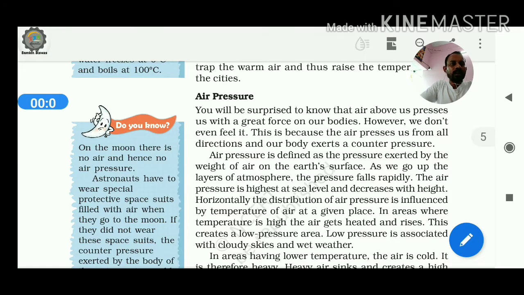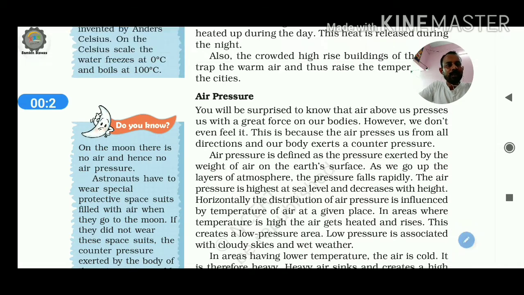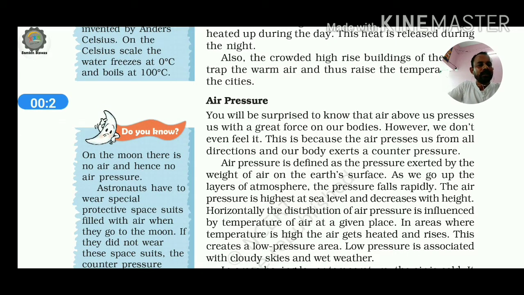Yes, we are discussing the conditions in which air pressure varies. First of all, air pressure varies with height. If there is an increase in height, there will automatically be a decrease in air pressure, because we know the earth's atmosphere is stratified, with lots of layers.